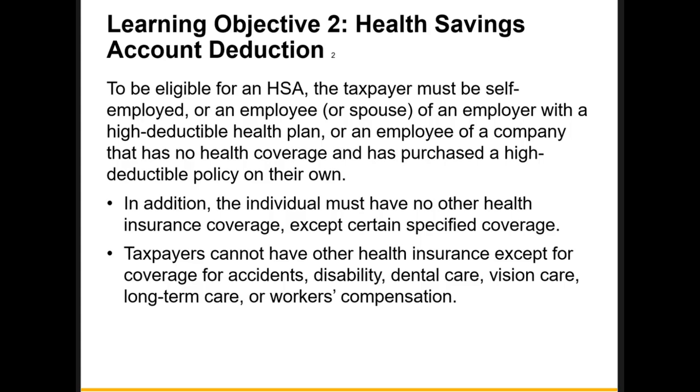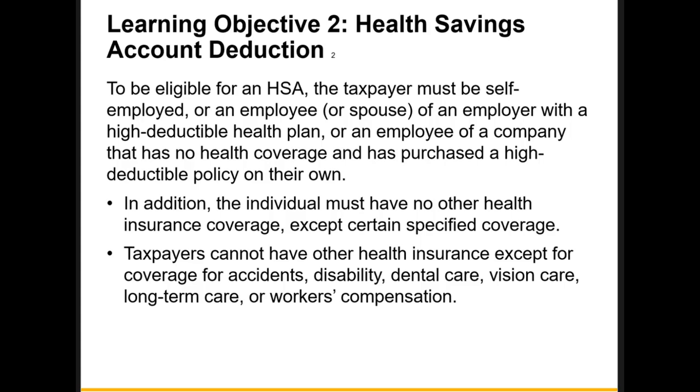High deductible plans mean that deductibles have to be a specified amount, and that's the next slide. So you can't have other insurance. This can't be a second plan or anything like that. But there has to be an actual high deductible insurance plan in place.